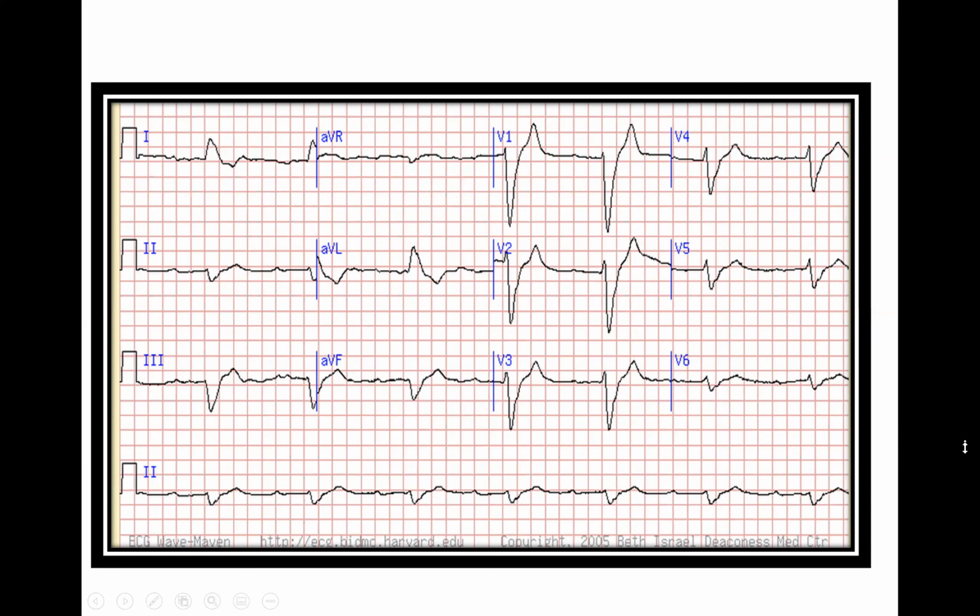Like sine wave of hyperkalemia. Fascicular block. You said hyperkalemia. Yes. Okay.